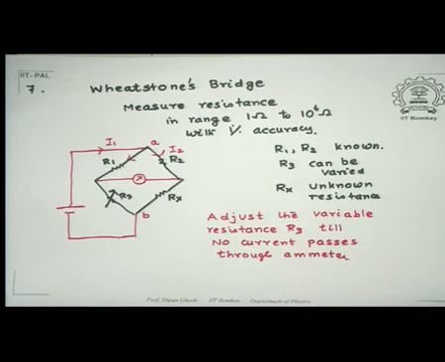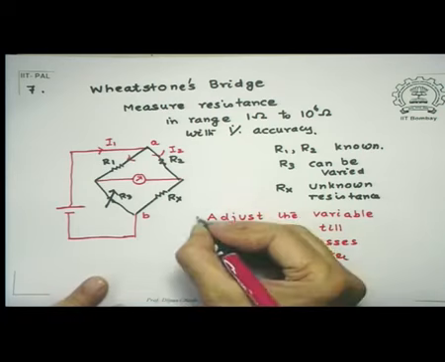This is generally known as a null deflection, that is, the galvanometer or the ammeter does not show any deflection. So that is null deflection.